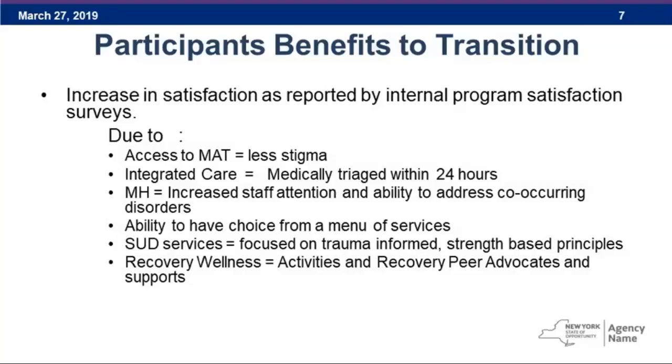Engagement and support that's trauma-informed and strength-based, as well as recovery wellness supports that provided them choice, and they spoke about being linked to recovery peer coaches and advocates that actually ensured linkage to community services. So there's a big win there as well.